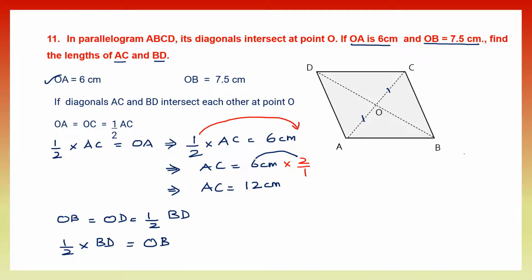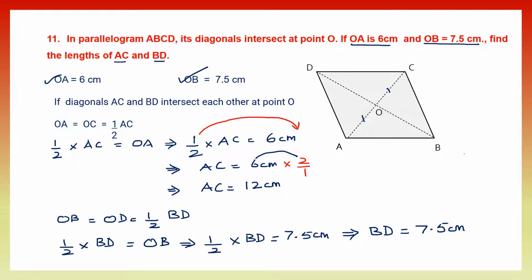I'm taking OB because the measurement of OB is given to us. So this means 1 by 2 into BD is equal to, what is the measurement of OB? 7.5 centimeters, which means 1 by 2 into BD is equal to 7.5 centimeters.